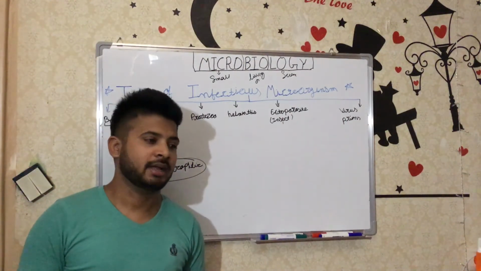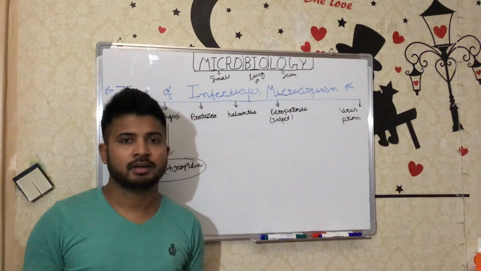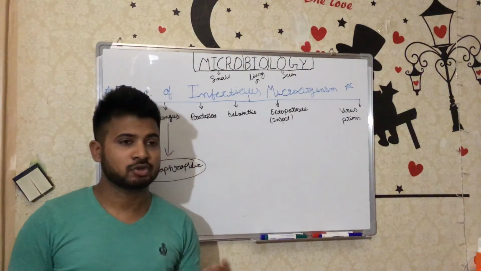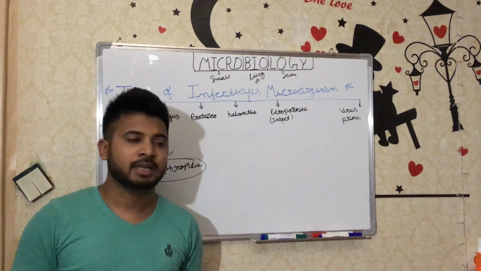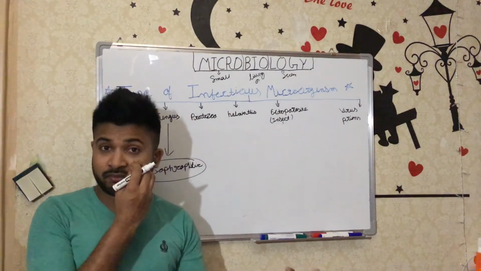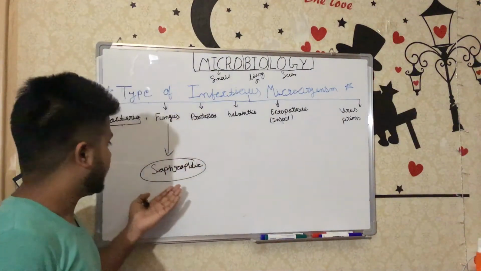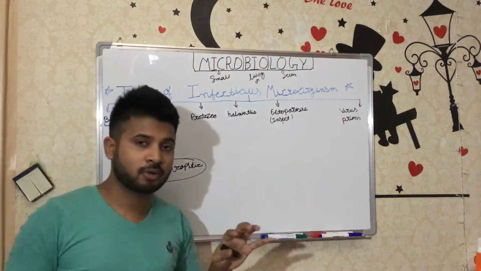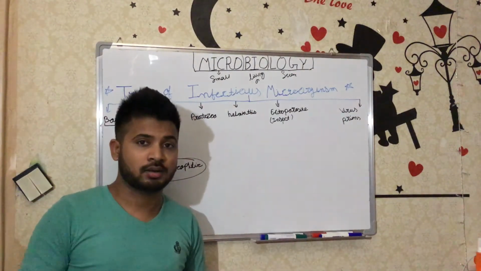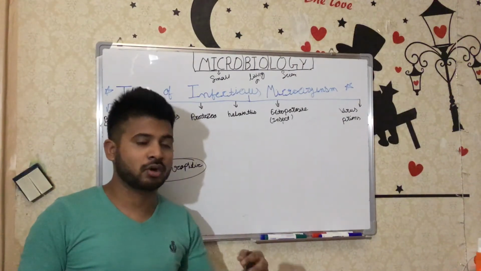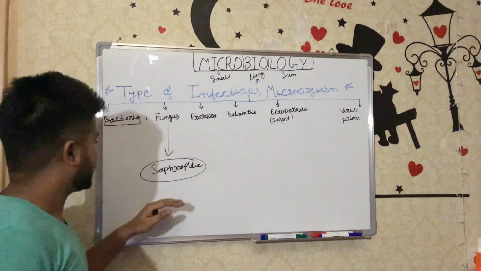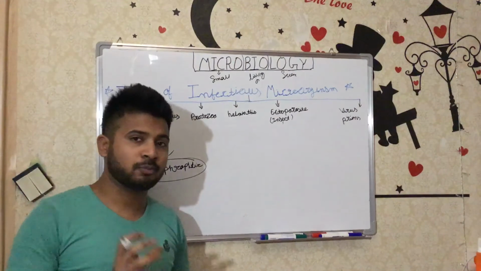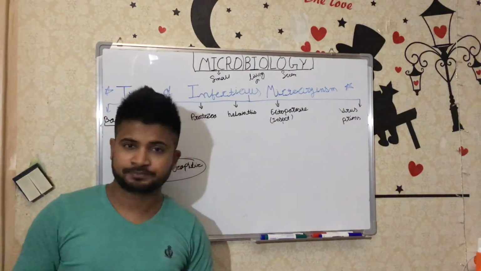It can be any dead body, any dead animal, or soil, slime, and even some food. So the fungus obtains nutrients from these types of organisms. And it can replicate in both sexual and asexual conditions.